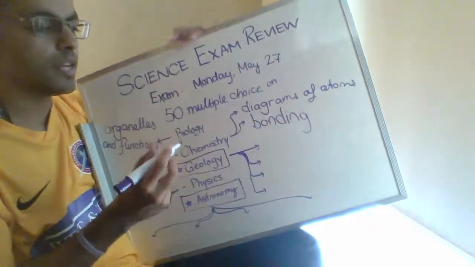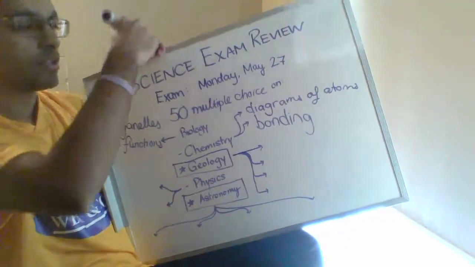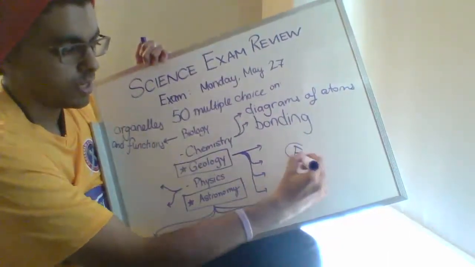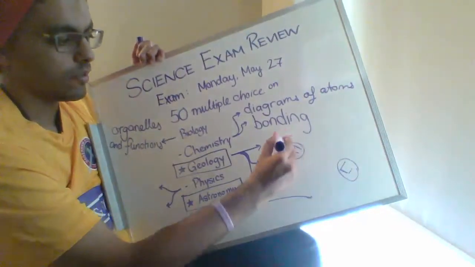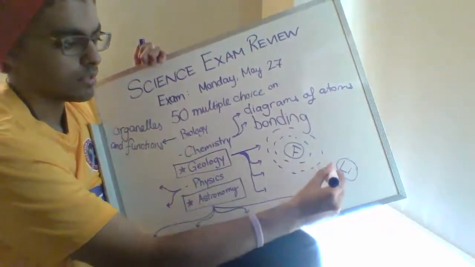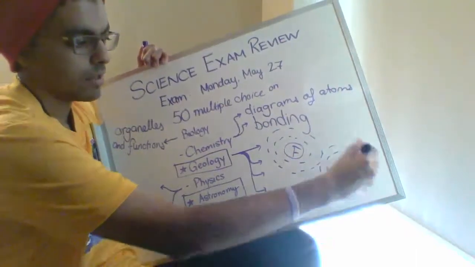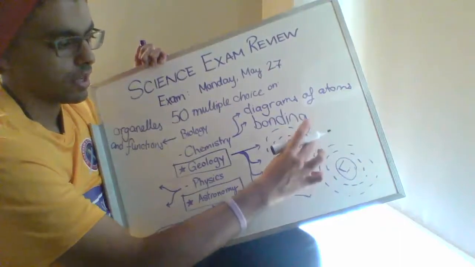The second thing is bonding. So that's the ionic bonds and the covalent bonds. So that's when you've got your fluorine and your lithium, let's say, and you draw out both of them and it's all going great. And then I ask you, okay, I've drawn these too close to each other, but you kind of get the point.